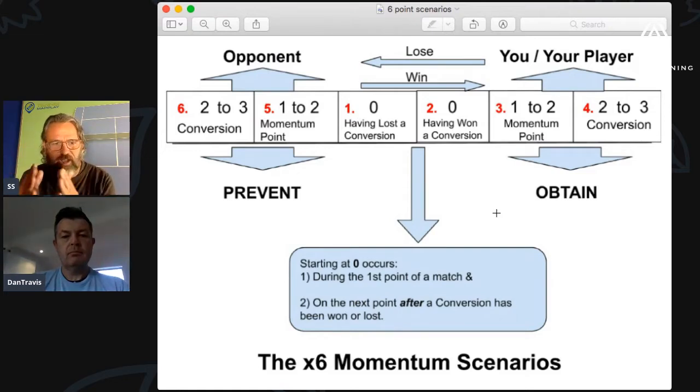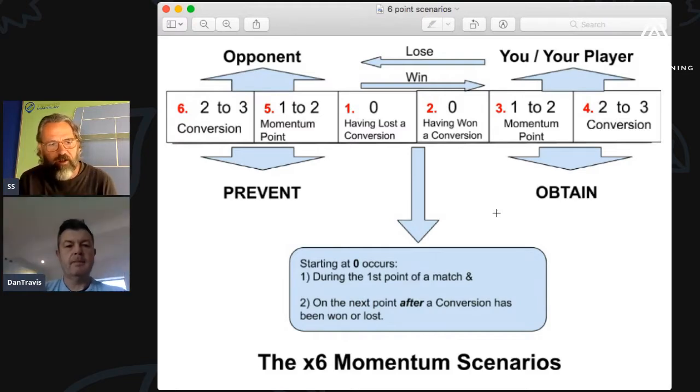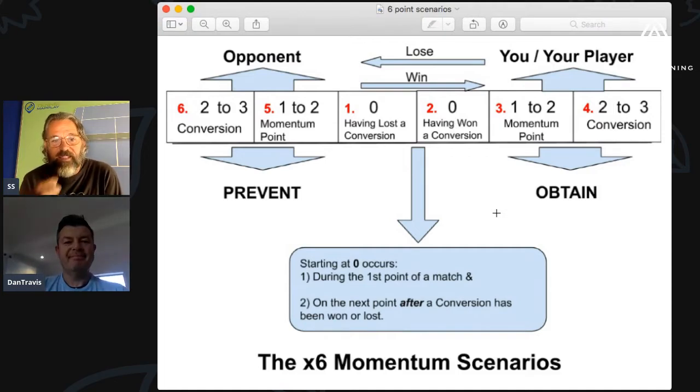So we can look at that specific momentum point score scenario. For example, 1-0 at 30 all is not the same as 0-2 at 30 all. Many times if we just think about the game score, it's 30 all. But actually there's 6 ways, or 6 scenarios, of 30 all. So that's why we call them scenarios.